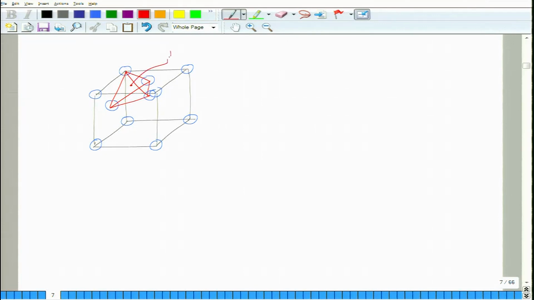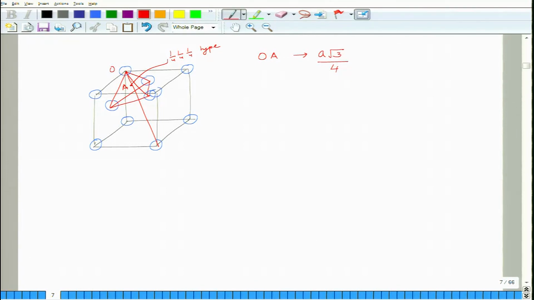Okay, this location is 1 by 4, 1 by 4, 1 by 4 type, and this connects the body diagonal. So if this is O, this is A, the distance OA is, diagonal is A root 3, and this will be 1 by 4 of A root 3.